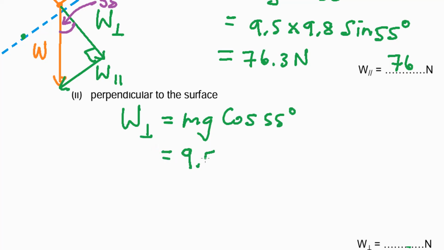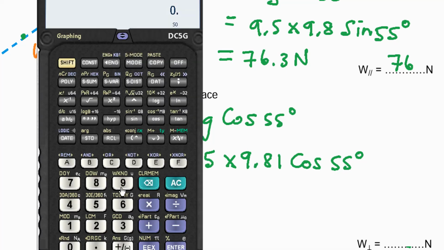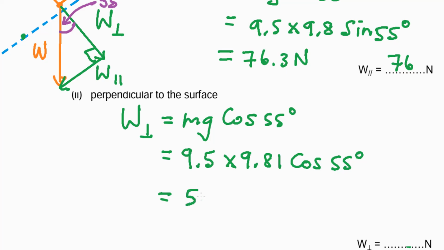So 9.5 for the mass, 9.81 for G. And doing this on a calculator, we get an answer of 53.45. The least number of significant figures that we used in the calculation were 2, so we can round this to 2 significant figures. So 53 newtons.